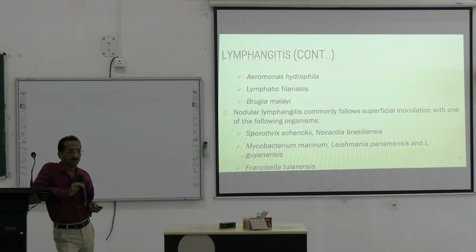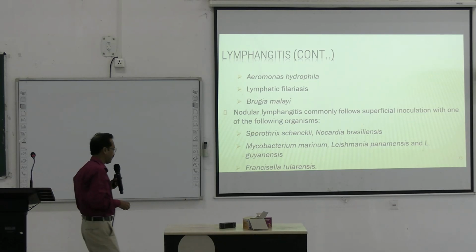One is creeping eruption, maybe on the skin, because these worms enter our body through skin penetration. So local creeping eruption may be there. And what are the samples to be taken for diagnosis of filaria?